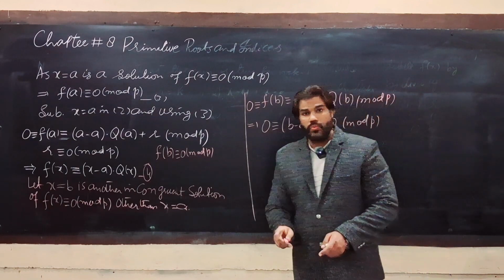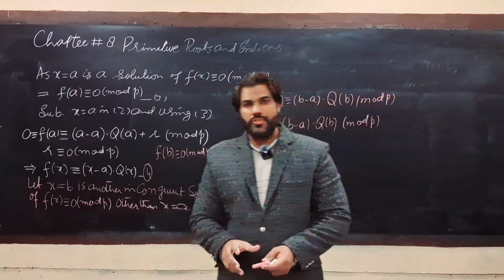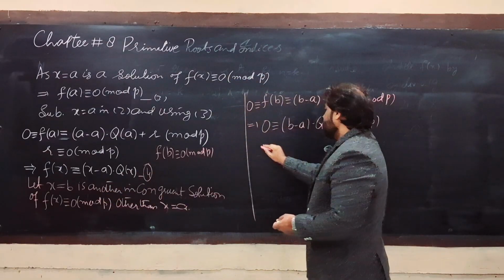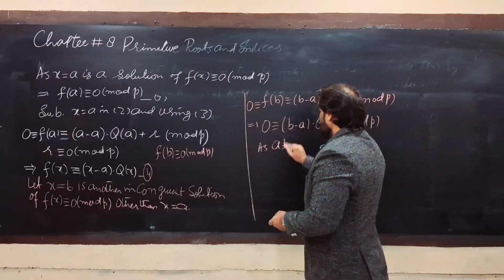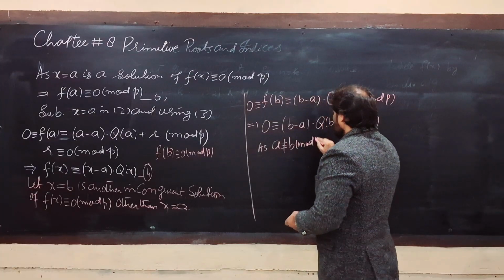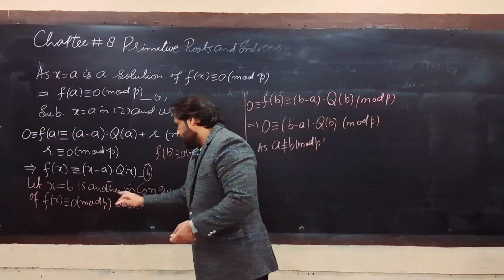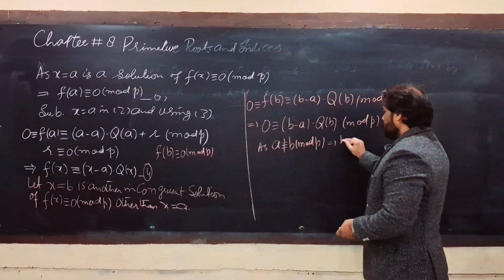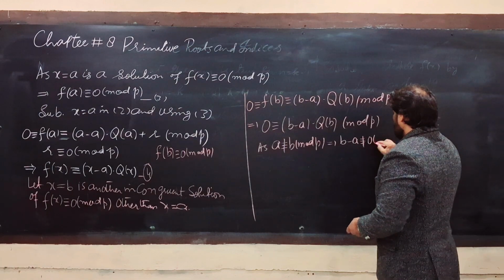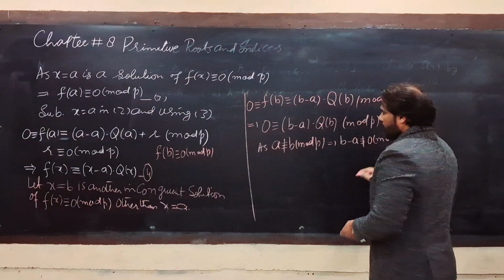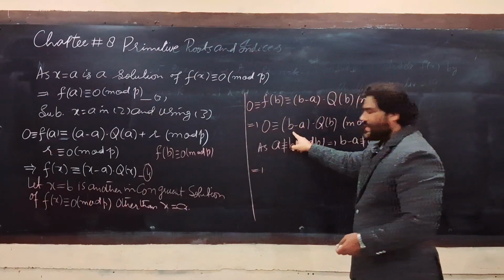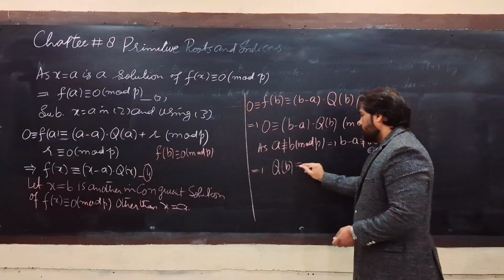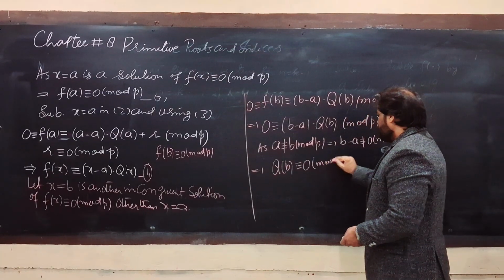As a and b are two different solutions, so they cannot be equal, as a is not congruent to b modulo p, because we have stated x is equal to b is another incongruent solution other than x is equal to a. This implies b minus a cannot be congruent to 0 modulo p. This implies if this factor b minus a is not congruent to 0, it means the other factor q of b is congruent to 0 modulo p.